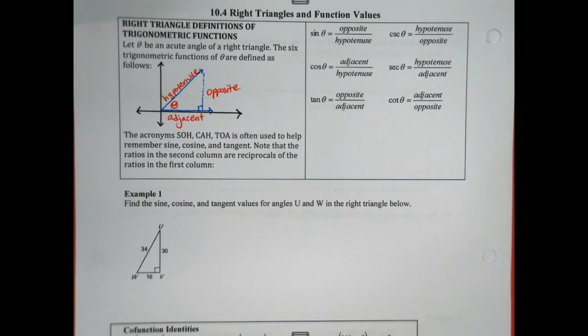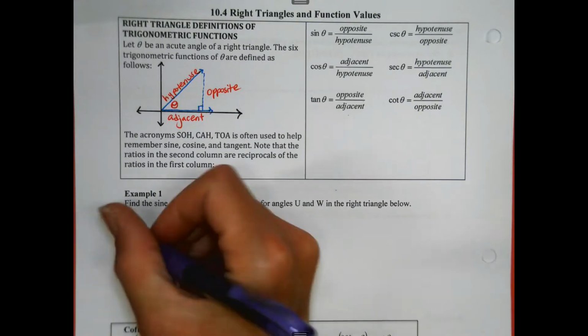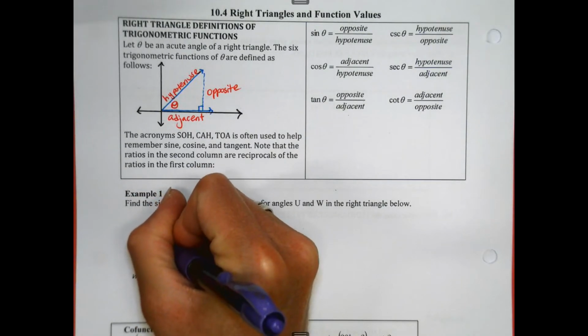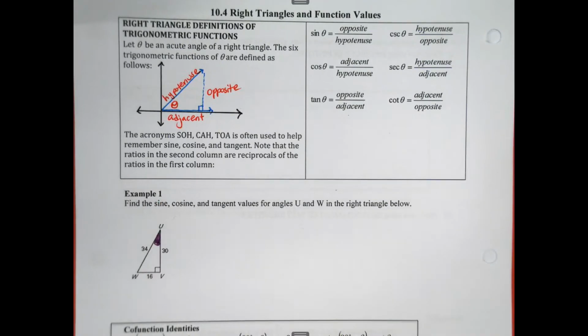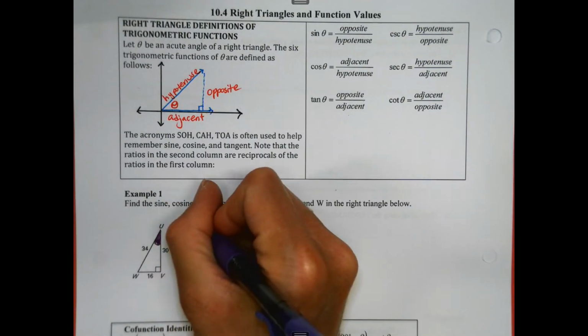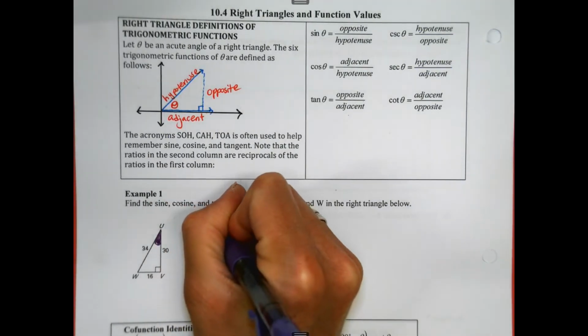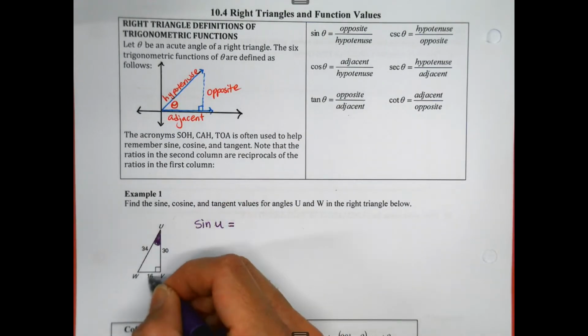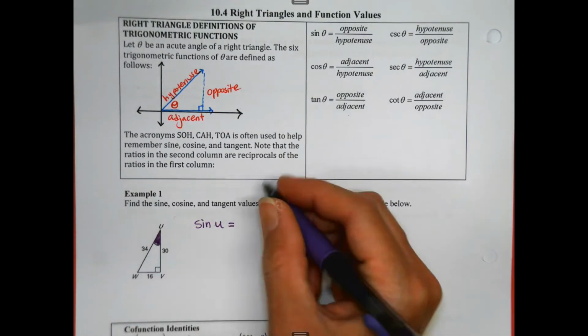Example number 1 says to find the sine, cosine, and tangent values for angles U and W in the right triangle below. Angle U here, we're going to find the sine of U, and the sine is opposite. So our opposite side is going to be 16 over the hypotenuse, which is 34.